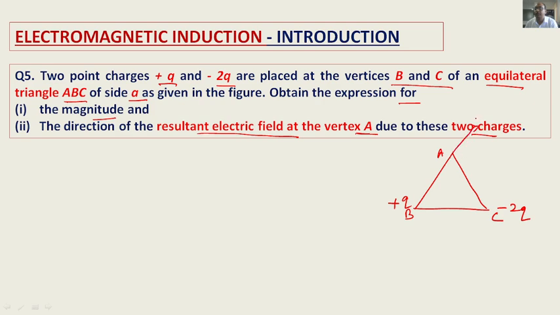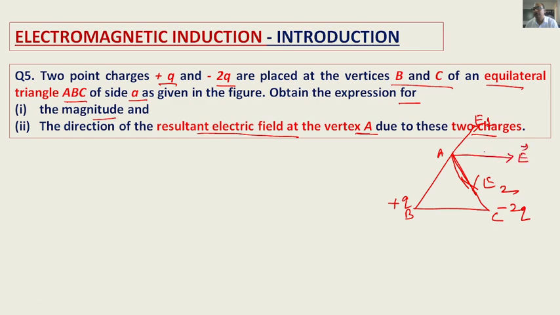So this is, suppose, E1. Okay, and the electric field due to minus 2Q will be in this direction. So this is actually E2, and the resultant electric field will be in this direction.